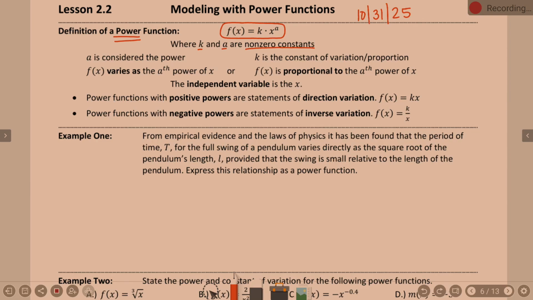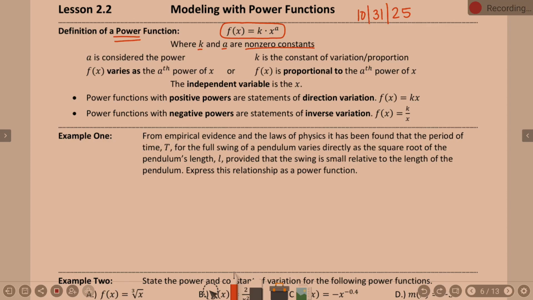Those are good vocabulary terms. As always, the independent variable is x. In the majority of what we do, x is the independent variable because x is your horizontal axis, and y depends on x, so y is our dependent variable.